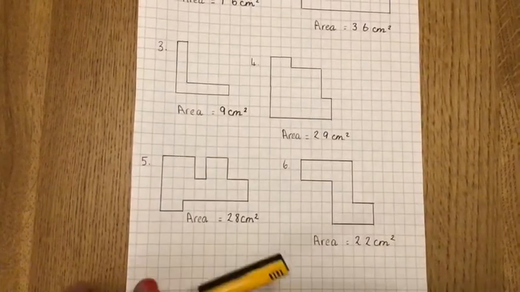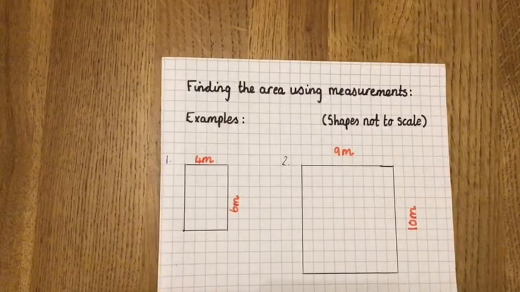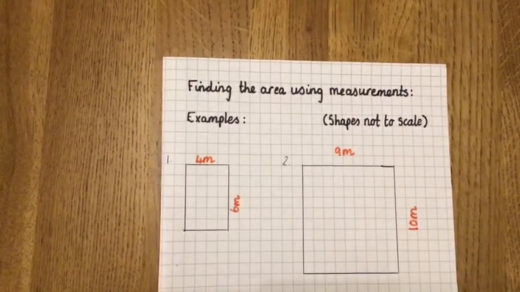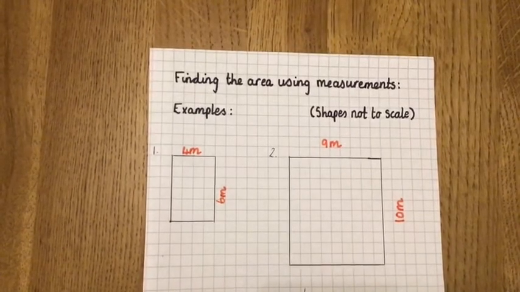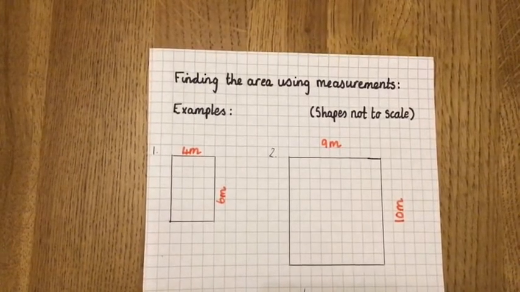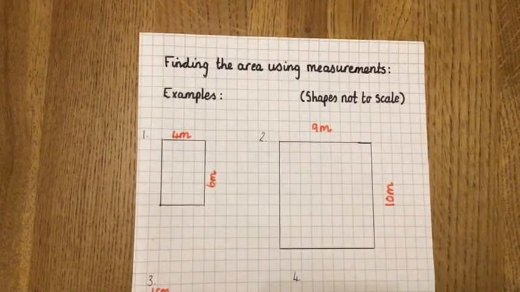Okay, right then, what we're going to do now is have a look at some examples of shapes with measurements, because sometimes in real life, if you're trying to work out an area, maybe the measurements of a certain room, you're not going to have squares to count, so you may need to measure.